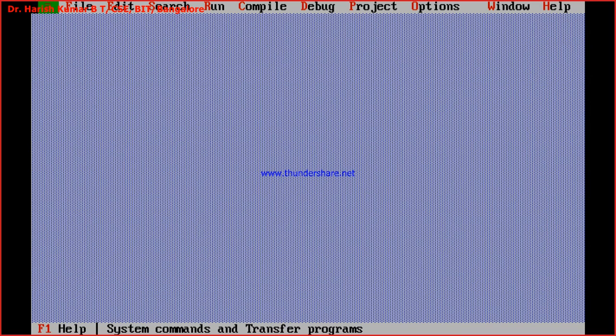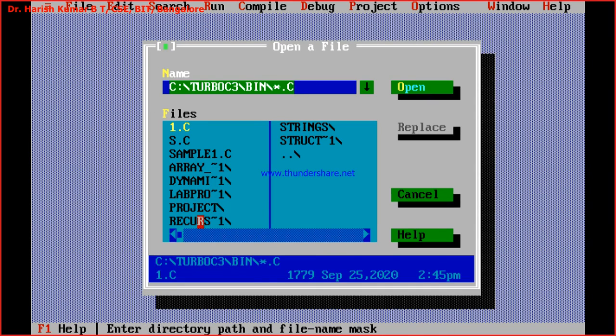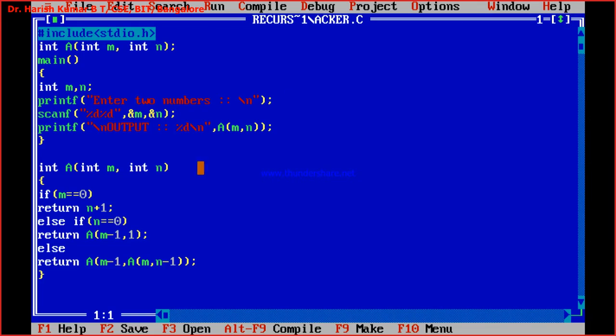I'll open the program, the same program which I showed you in the PPT. So I'll compile this now.